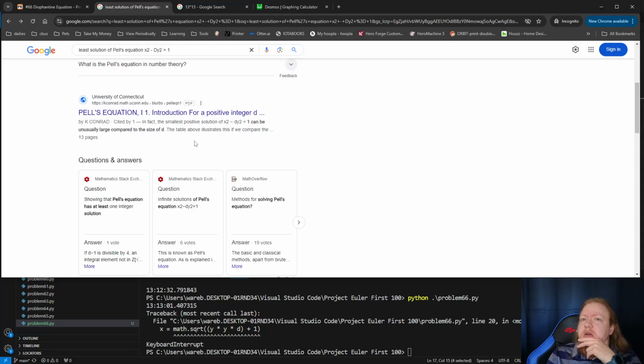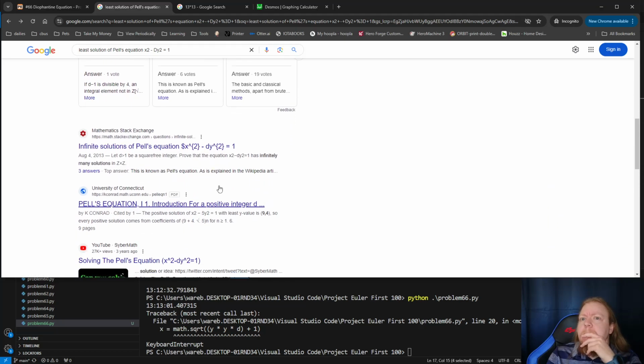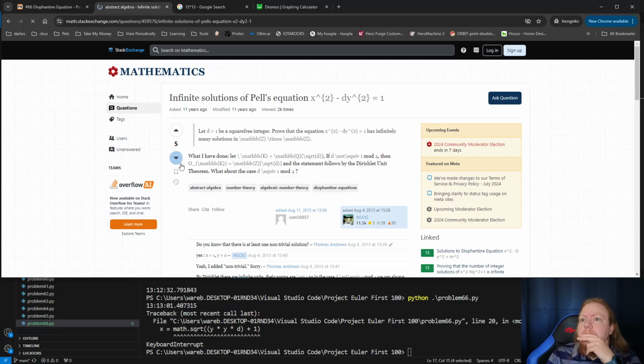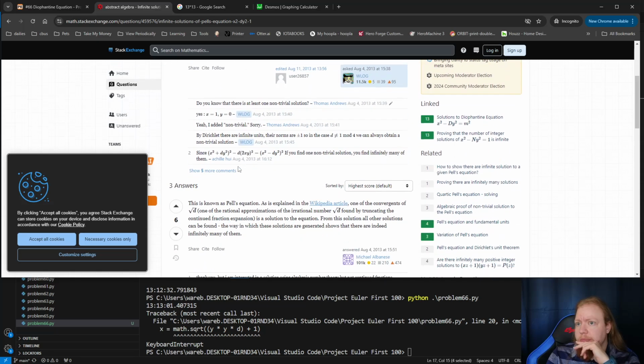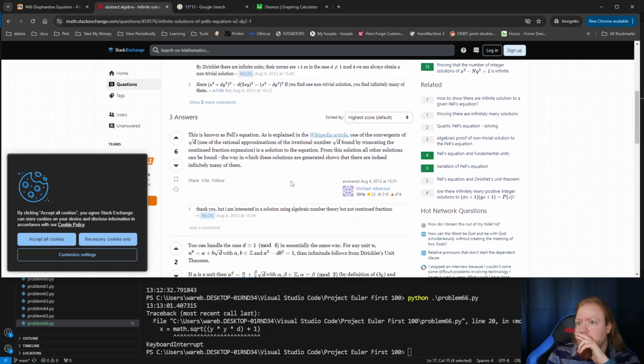I think this is helping. Square root of d.